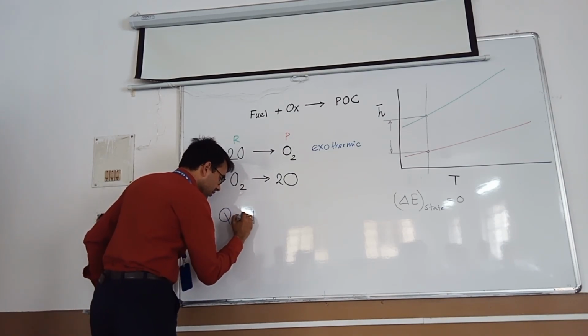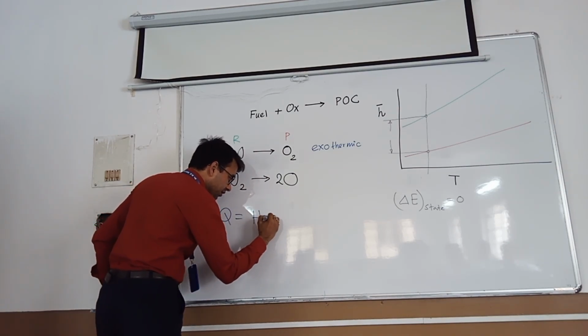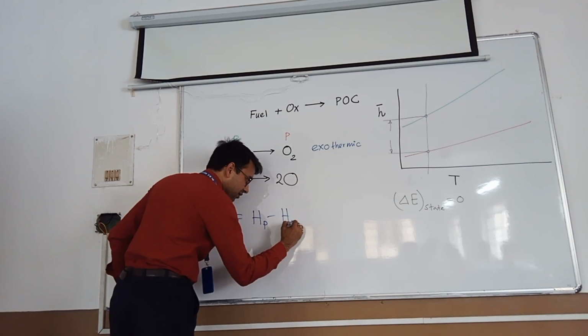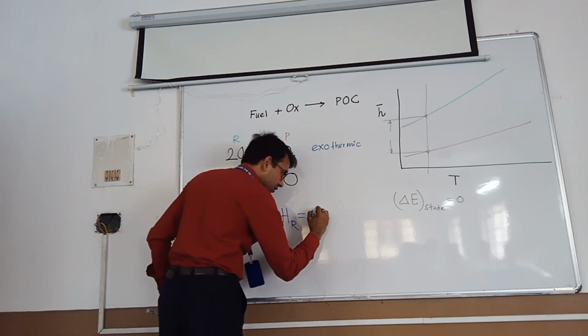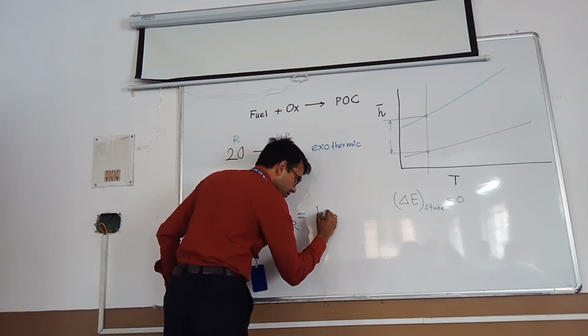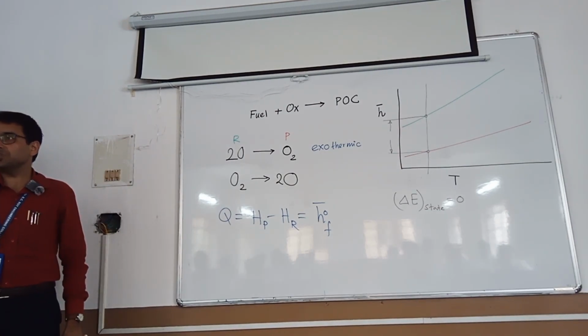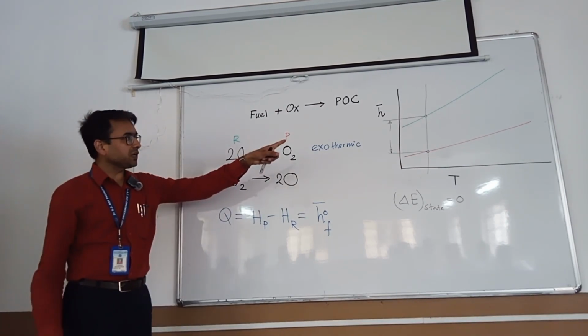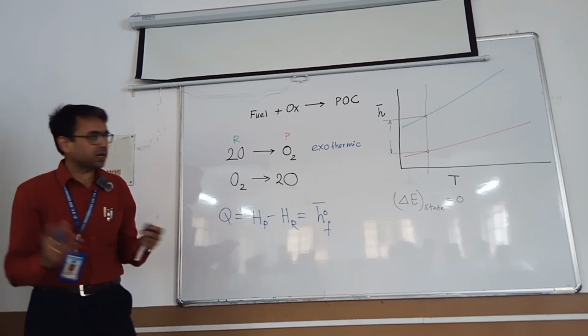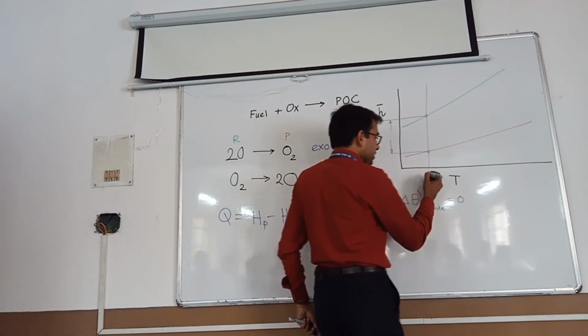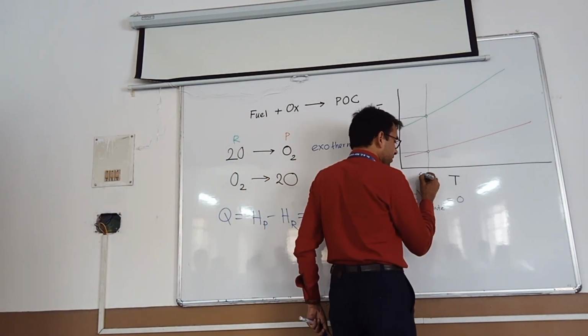Q is equal to Hp minus Hr, that is called the enthalpy of formation. For this particular reaction at a particular temperature, say, for example, this is the standard reference state.